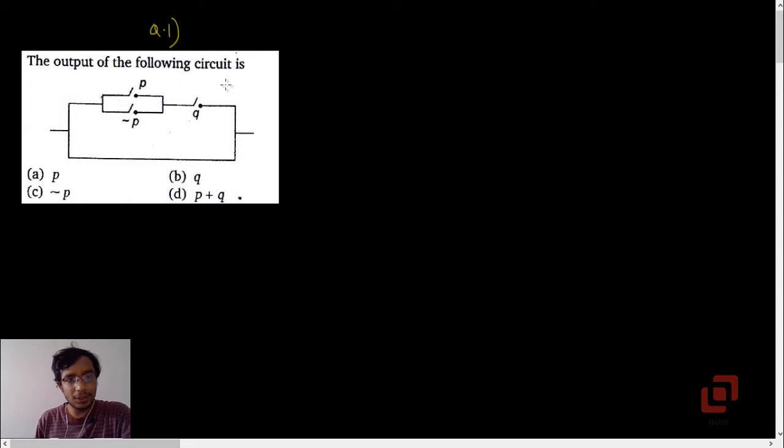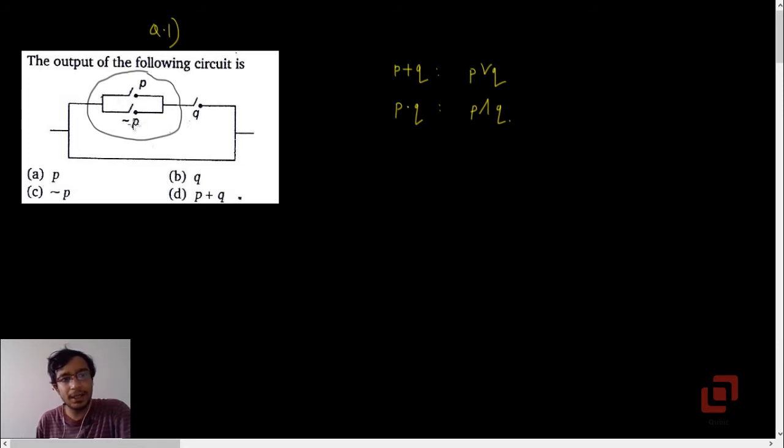The output of the following circuit is... P, Q, negation P, and when they say plus, it is always P or Q, and when they say dot or into, it is always P and Q. In this circuit there is no need to even draw the truth table, because if you look at the first part of the circuit, there you have P and negation P in parallel combination.